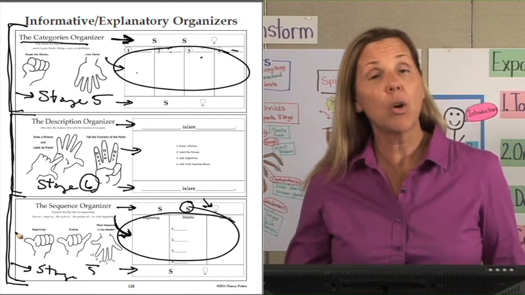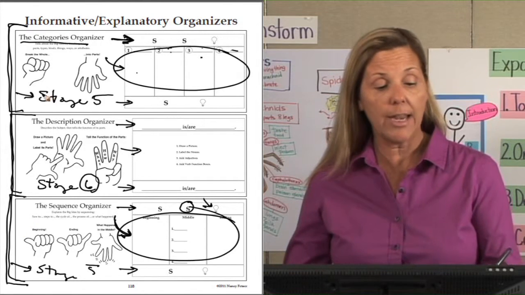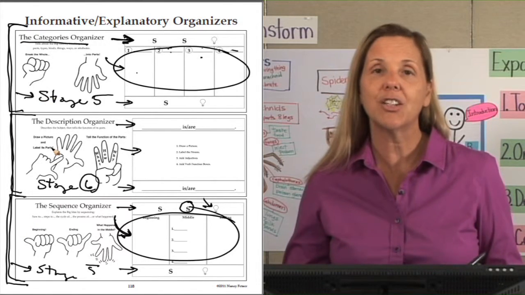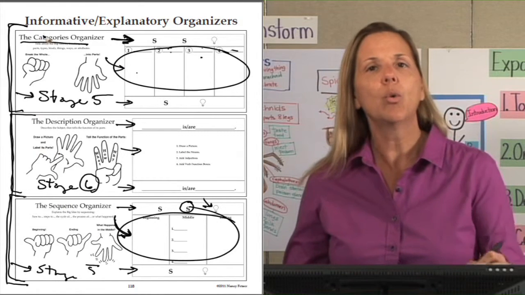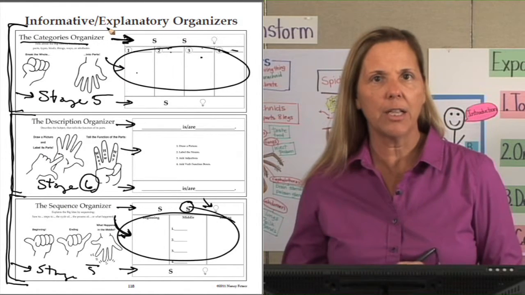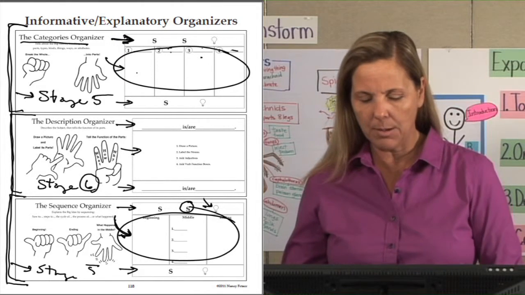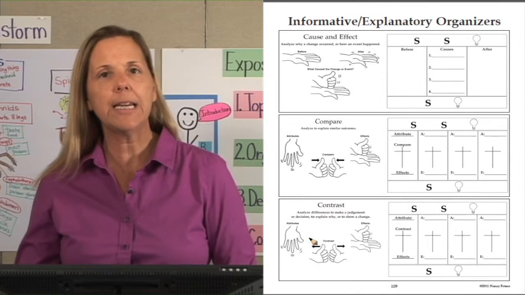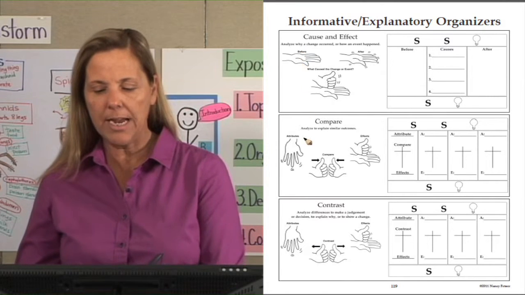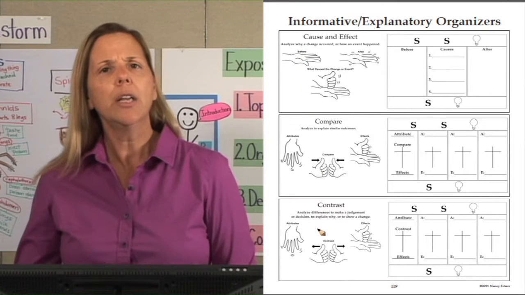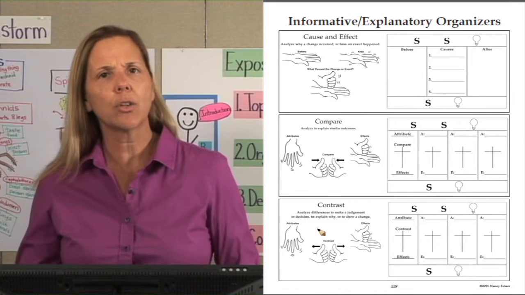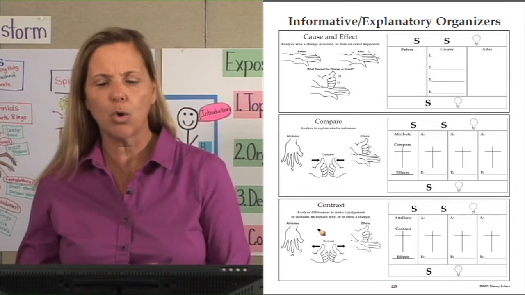We've reviewed our 3 organizers that we are going to look at in stage 5 as well as in stage 6 that we need to reach for mastery at our grade levels. Let's quickly, before we leave these 2 pages, jump to the opposing page, page 119, and notice we have cause and effect, compare, and contrast. In total, we have 6 organizers for all of our informative explanatory writing.